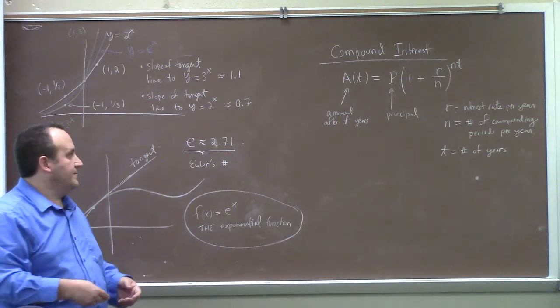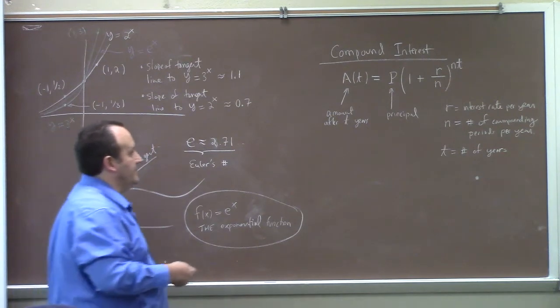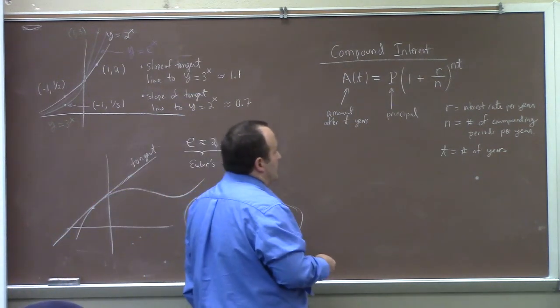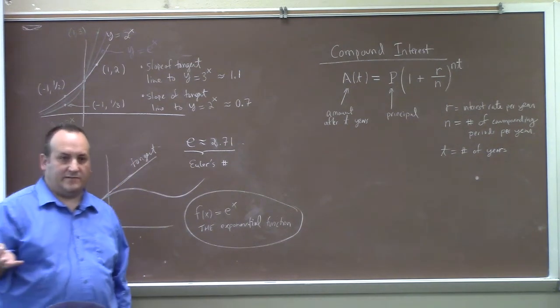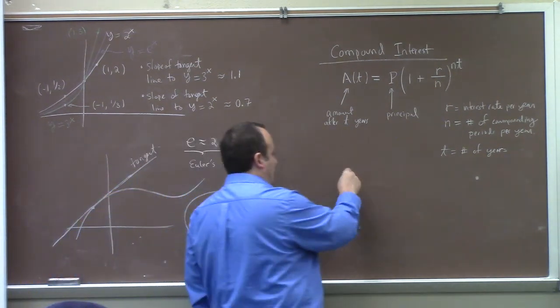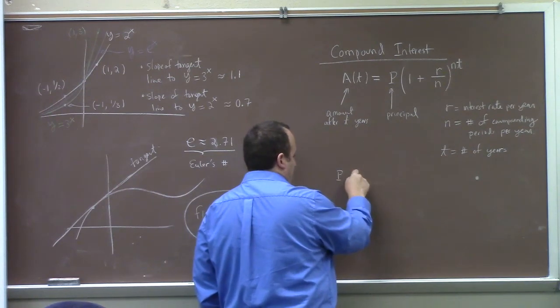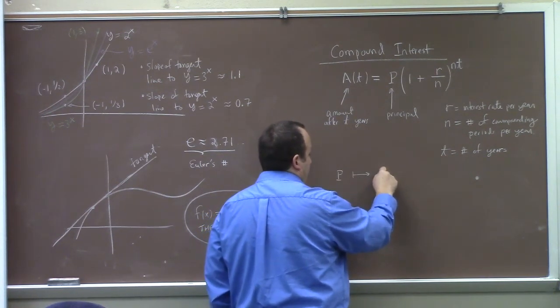So where does that formula come from? Well, let's just go through the first compounding period. How does it work? You start with P, right? And then you go to what? Let's be optimistic and suppose we're earning money.